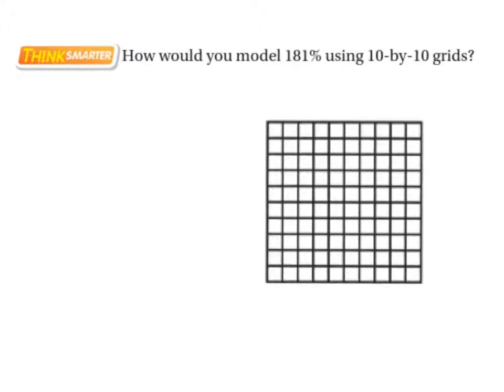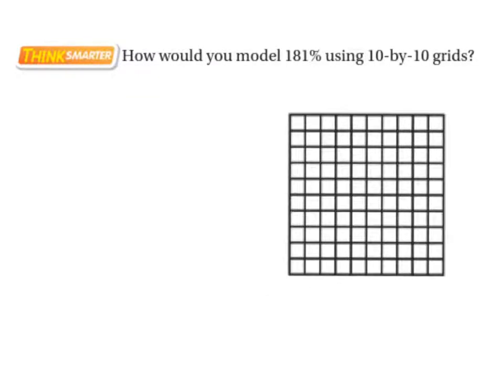Now, how would you model 181% using 10 by 10 grids? Think about that one. You know that each box represents 1%, so how could you model 181%? Oh, this is a try it problem, by the way.